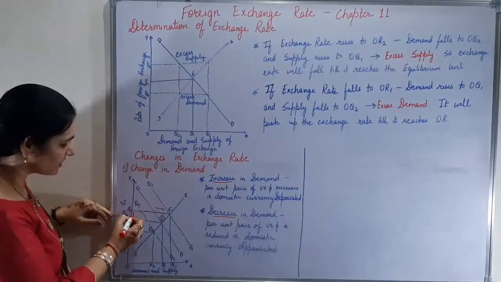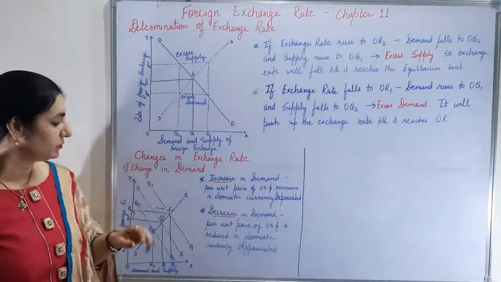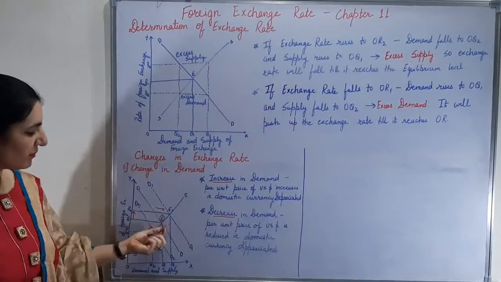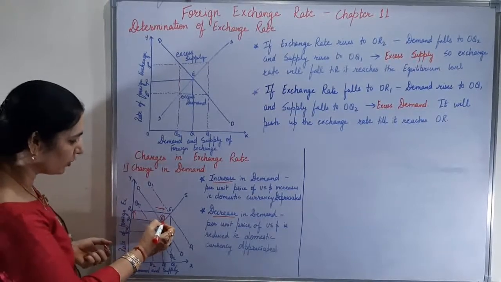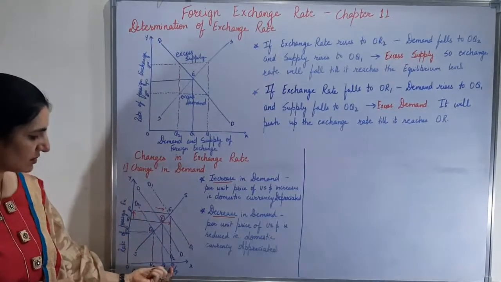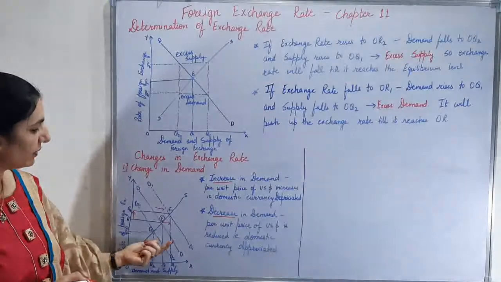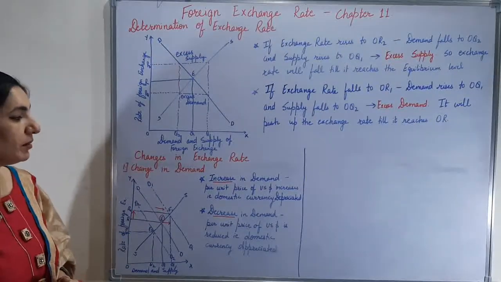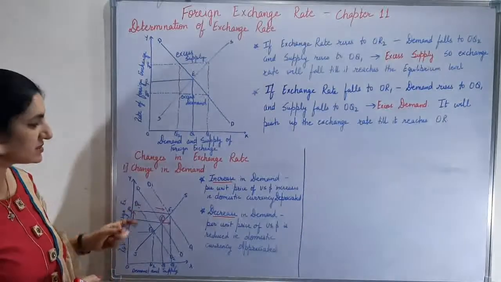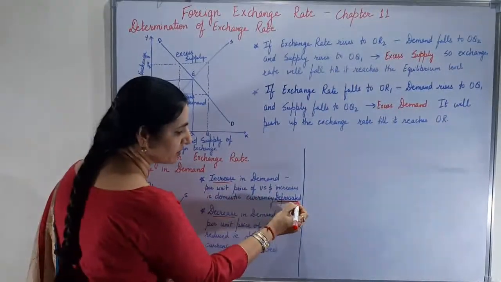See, the foreign exchange rate is also increasing. It means that there is a situation of excess demand at this particular point, from this to this. There is an increase in demand, and it means that the per unit price of US dollar has increased, that is, the domestic currency depreciated.